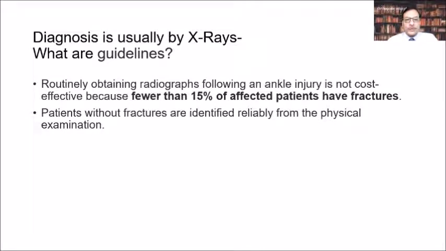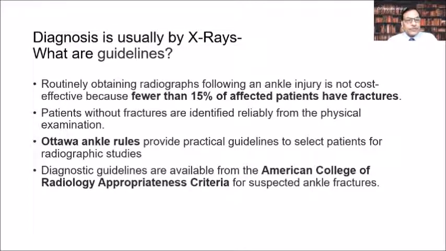We know now by statistics that less than 15% of the patients who complain of ankle pain after injury have fractures. So there is no need of getting an X-ray done in every patient who complains of injury and pain. So comes the Ottawa rules.